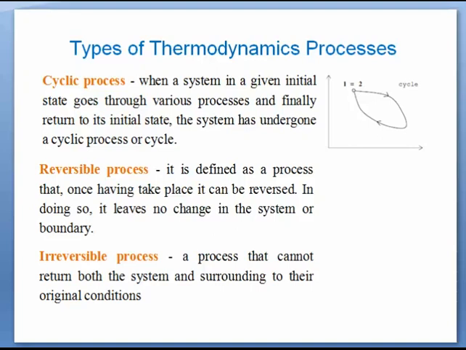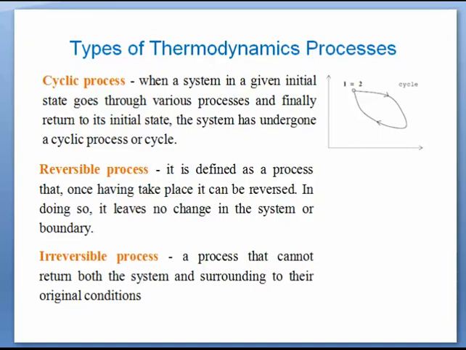An irreversible process is one that cannot return both the system and surroundings to their initial condition. The reversible process is an ideal process which practically never occurs, while the irreversible process is the natural process that is commonly found in nature.